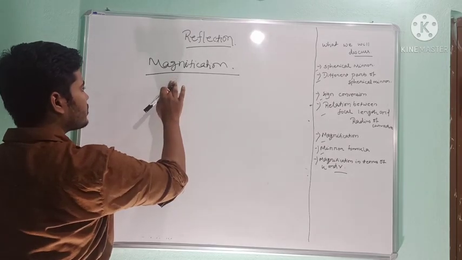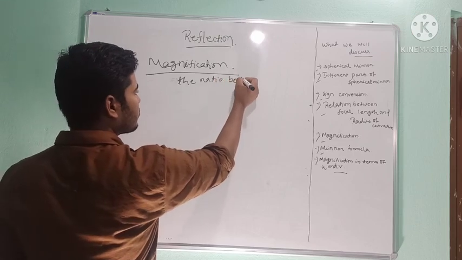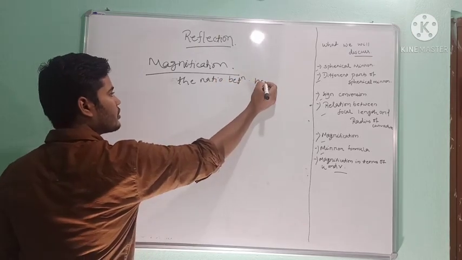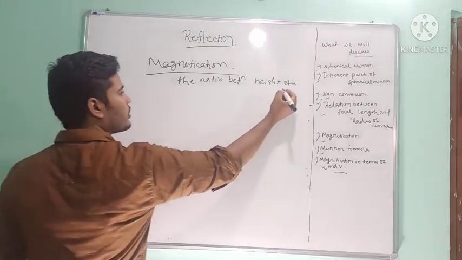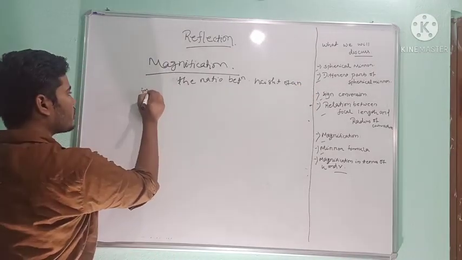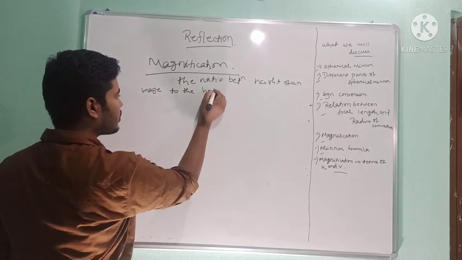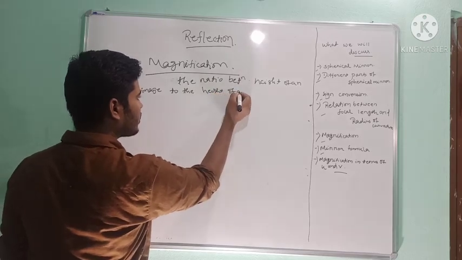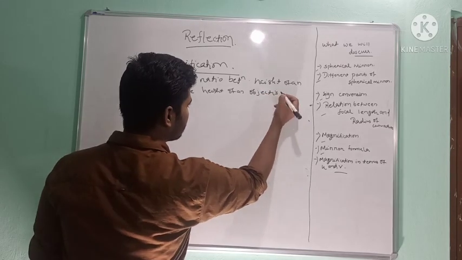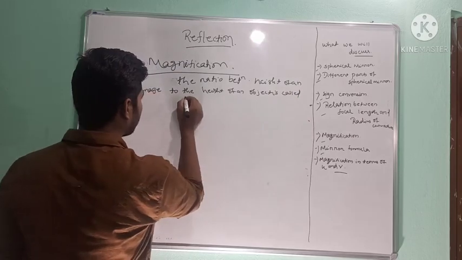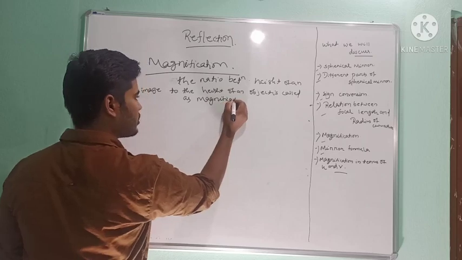The ratio between the height of an image to the height of an object is called magnification.